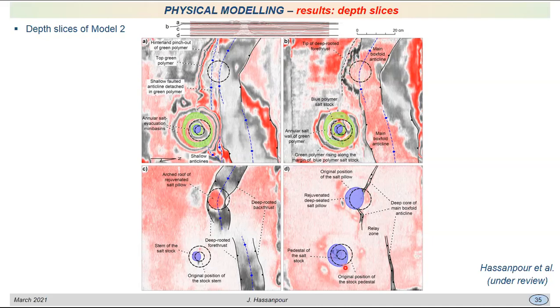So it shows that the location of the salt structures compared to the hinterland, which is this part, can influence the location and development of the contractional structures, as we can see in the northern part of our study area and in the Zagros.